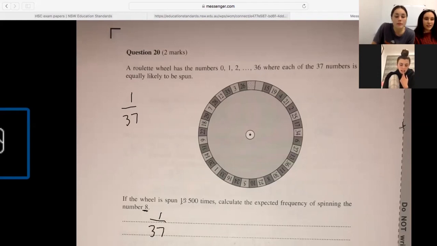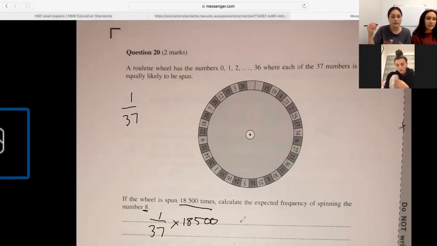And then if we're spinning it 18,500 times, we just have to times it by 18,500 to figure out the frequency of it. So the likelihood of spinning an 8 is 1 on 37 if we were to spin it once, and then if we spin it 18,500 times, we just have to times it to figure out how many times we'll actually spin it.